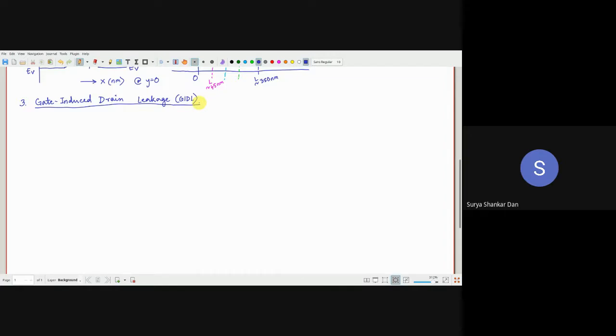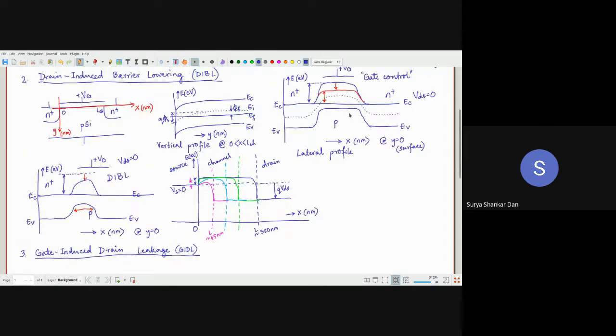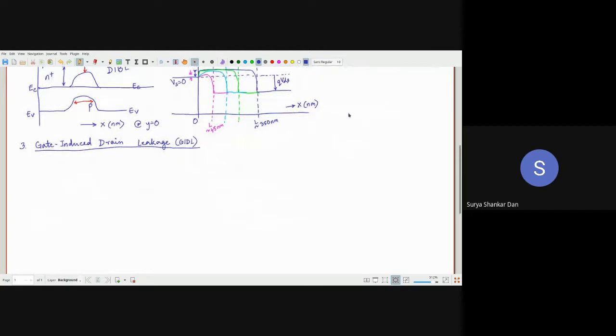Fine. So how does it differ from the previous one? Let's understand this. Now this has got to do with the drain biases. So let's say this is grounded, VG, and here we are applying a plus VD.